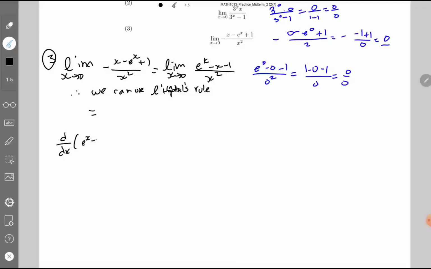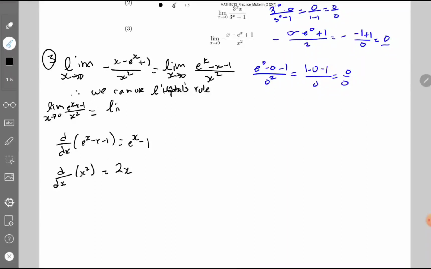The derivative of e to the x minus 1 is just e to the x. And I need the derivative of the bottom, x squared, which is just 2x. So here we have the limit as x goes to 0 of e to the x minus 1 over x squared.